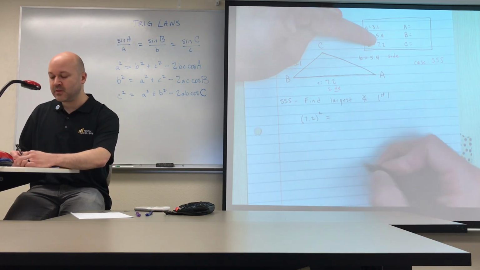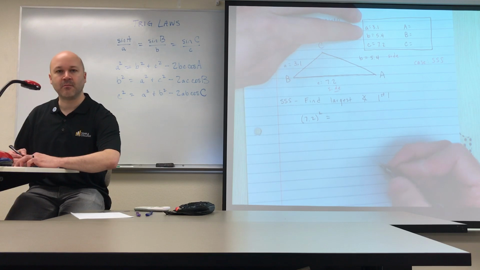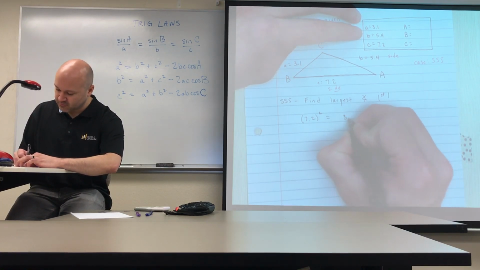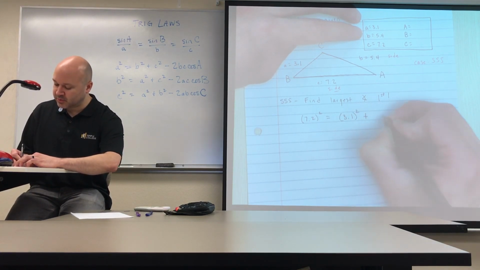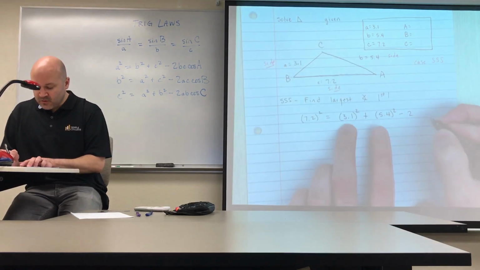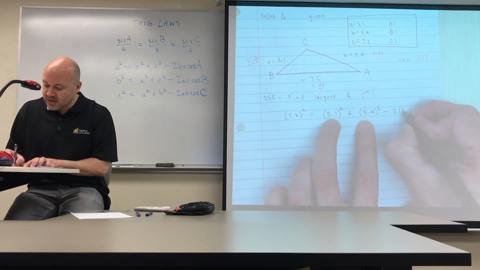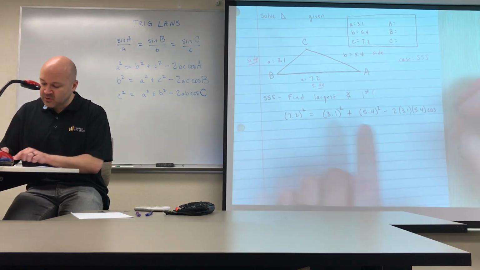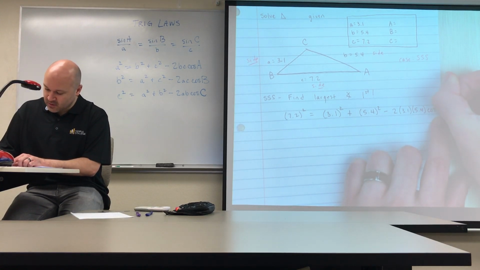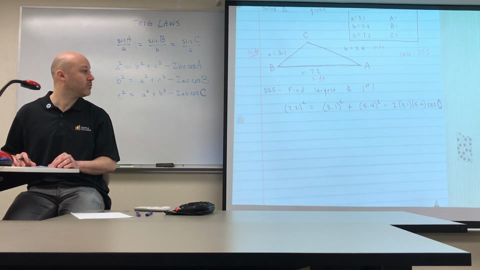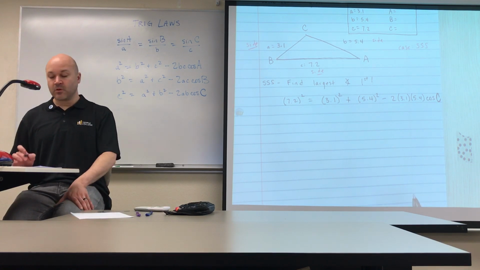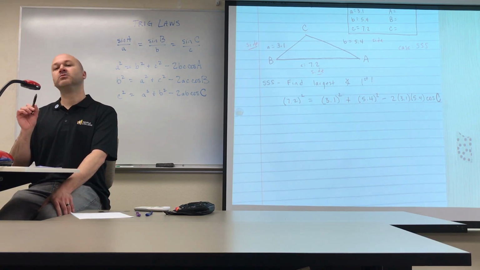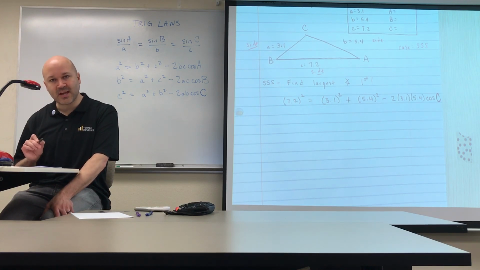And that's equal to the other 2 side lengths squared and summed: a squared plus b squared, minus twice those 2 values, so 2 times 3.1 times 5.4, times cosine of angle C. So in the SSS case, find the largest angle first.